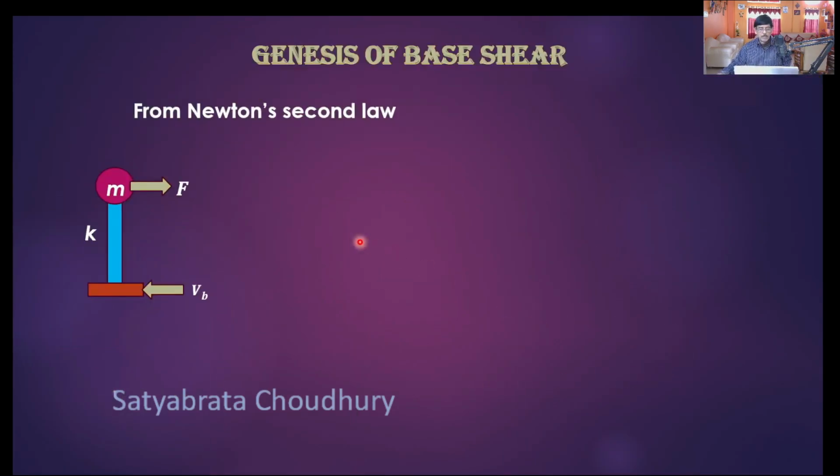Now let us drill further inside from Newton's law. What is Newton's law? It says the force generated in a system is proportional to the rate of change of momentum. Mathematically, F equals d by dt of mv. Since m is constant, I can take it outside. So F equals m dv by dt, where v is the velocity and t is the time.